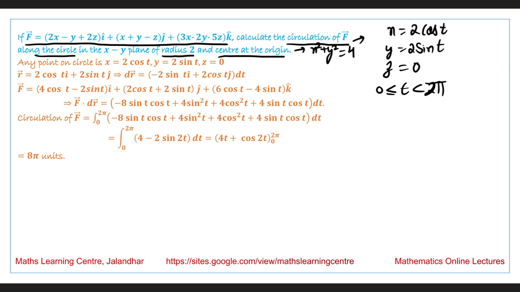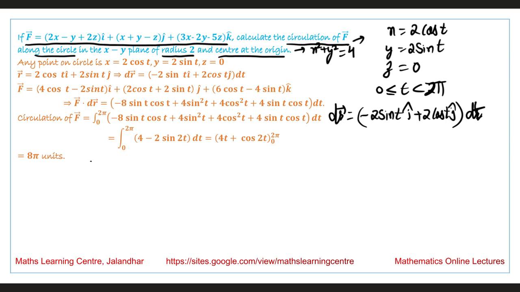Now the value of dr vector will be equal to minus 2 sin t i cap plus 2 cos t j cap into dt.